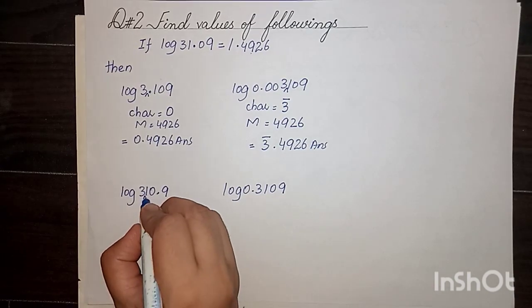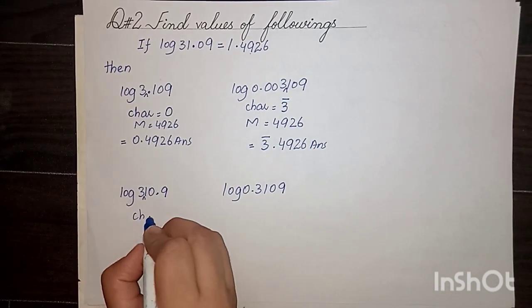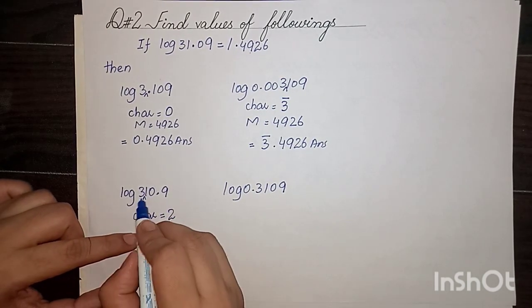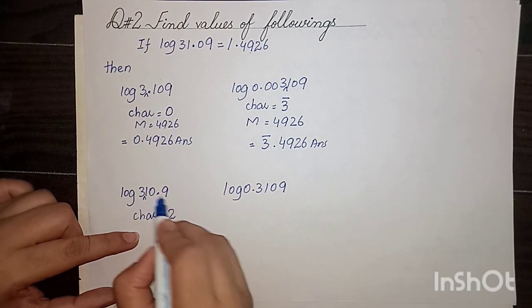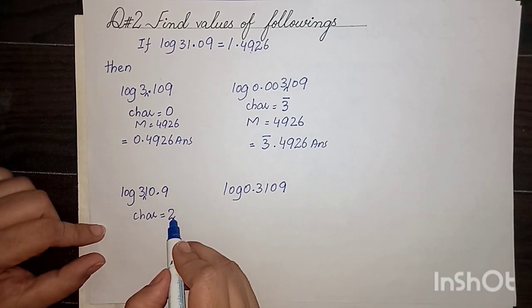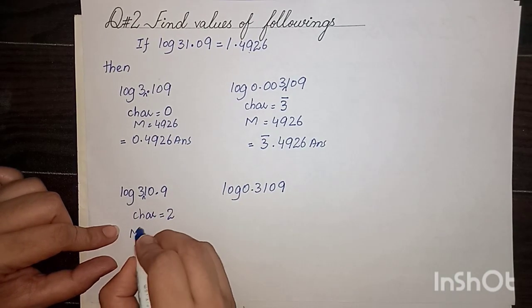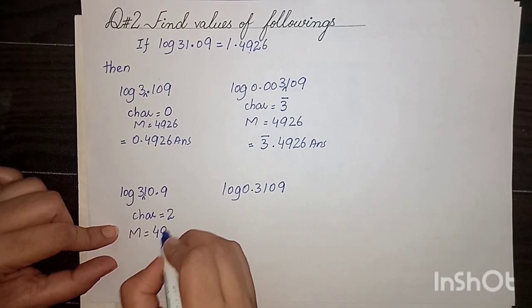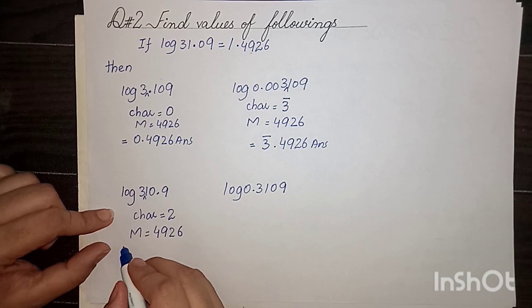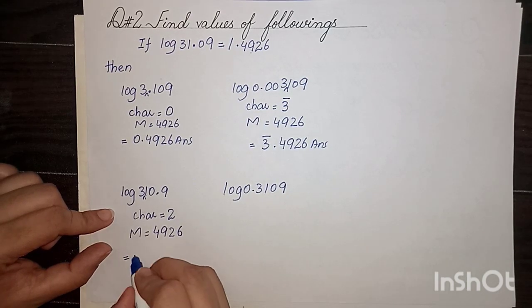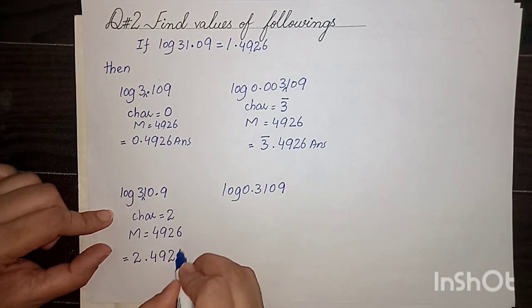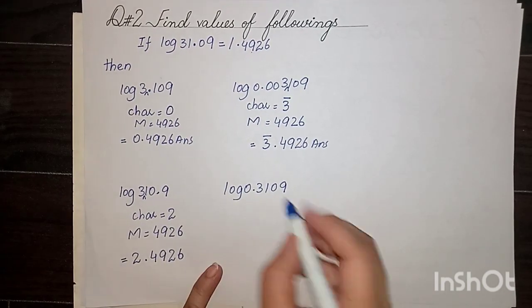For the next value, the characteristic is equal to 2, and this is 310.9. This is greater than 1, that's why the characteristic must be a positive number. And for the mantissa we know that this is 4926. So the value of log of 310.9 is equal to 2.4926.